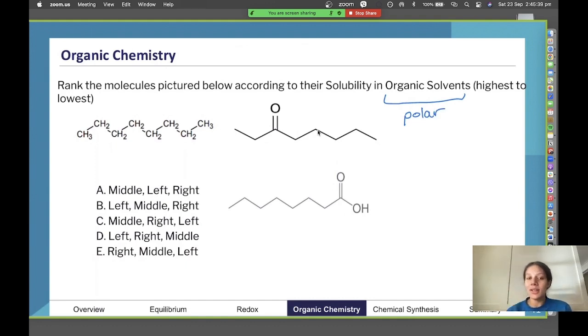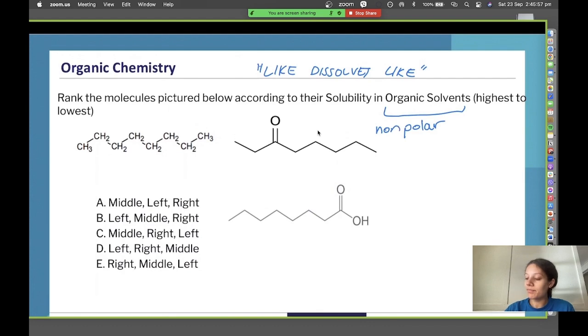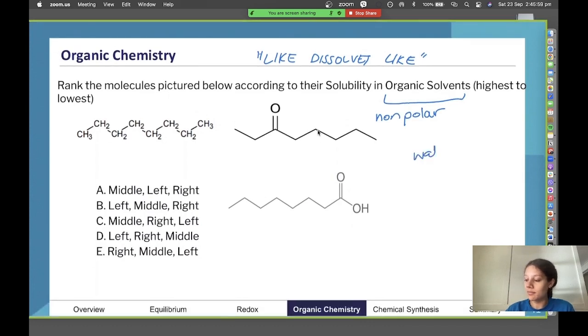And if we're looking at solubility of these other molecules, the phrase I like to stick with is like dissolves like. So that means to dissolve in something polar, you also have to be polar. Oh, sorry, organic solvents are non-polar. Water is polar, before I confuse you guys.